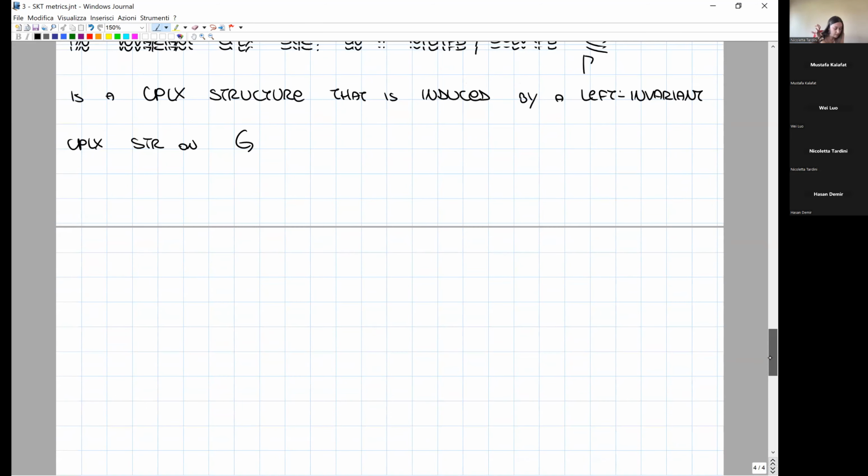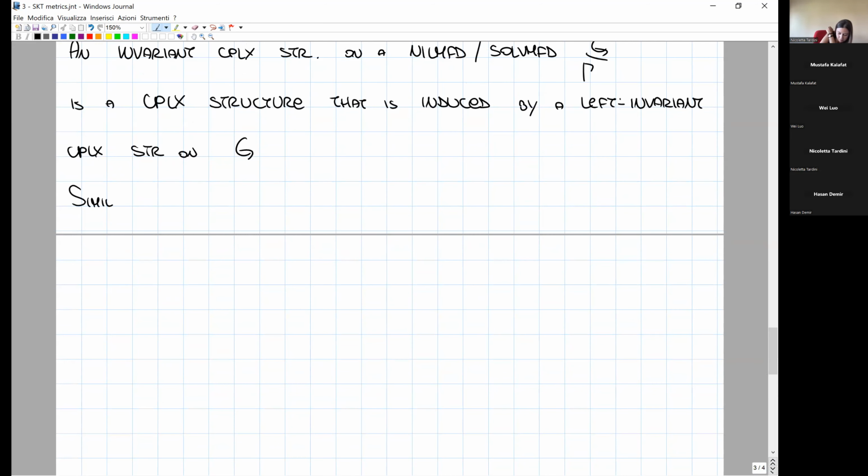And similarly, similar definitions can be given for invariant metrics, invariant forms, so differential forms, and so on.